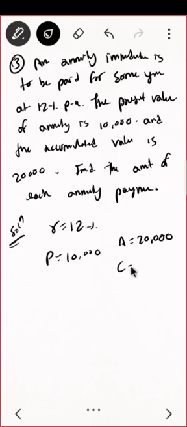Correct, the amount of each annuity. Which formula? 1 by P minus 1 by E equals I by C. Correct. So substitute and get the answer.